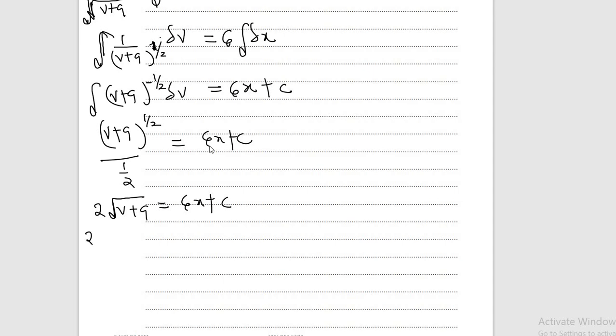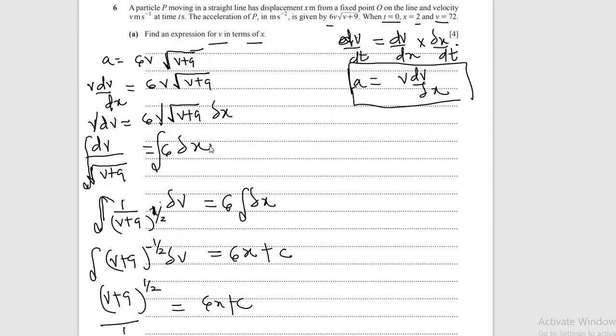So 72 plus 9 should be 81, and the square root of 81 is 9. Then 2 times 9 is 18, equal to 6 times 2 plus c, which is 12 plus c. So 18 minus 12 equals c, and c is 6.